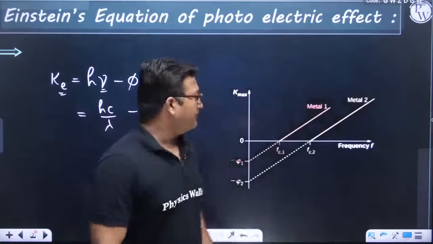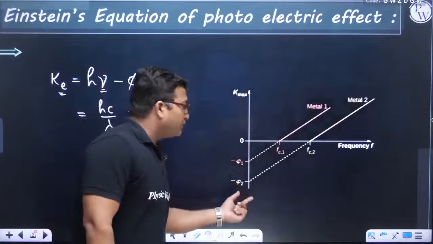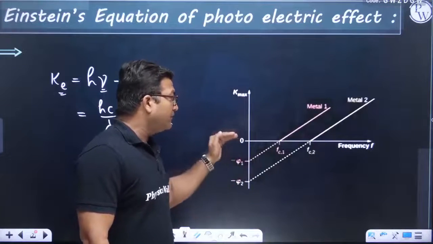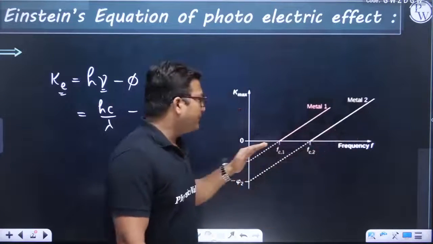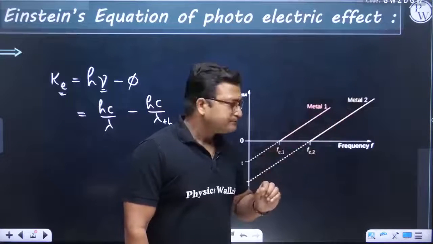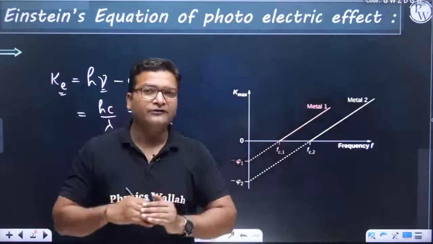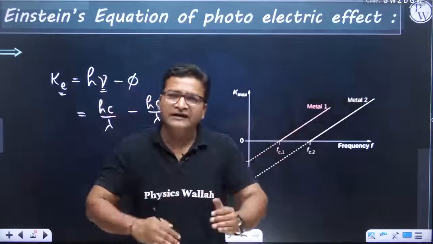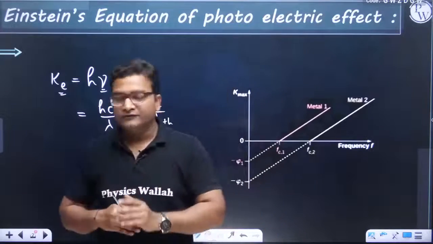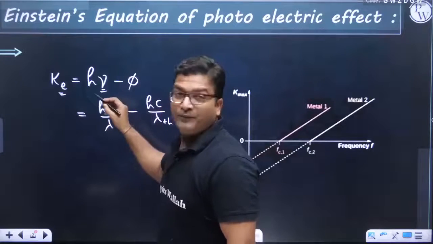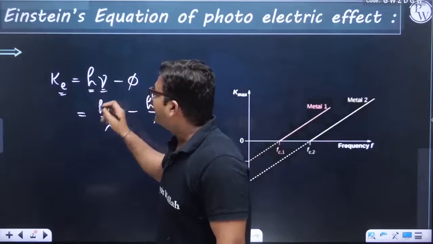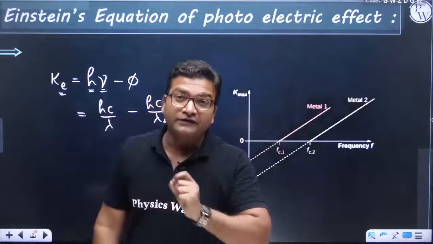This is the graph between maximum kinetic energy of electron versus frequency. It's a linear curve, as you can see. If we choose two, three, or any number of different metals, remember the slope of this equation is h, which is a universal constant.